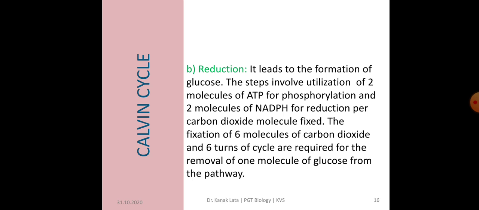Now the second step of Calvin cycle is reduction. During the reduction process, there is formation of glucose. It involves utilization of two molecules of ATP for phosphorylation and two molecules of NADPH for reduction per CO2 molecule fixed. The fixation of 6 molecules of carbon dioxide and 6 turns of cycle are required for the removal of 1 molecule of glucose from the pathway.